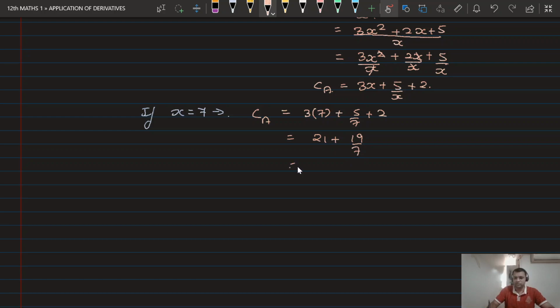Again take LCM over here, so that will give me 7 into 1 is 7, 7 into 2 is 14, plus 19, divided by 7. So 49 and 7, that will give you 6 divided by 7. So that comes out to be your average cost.